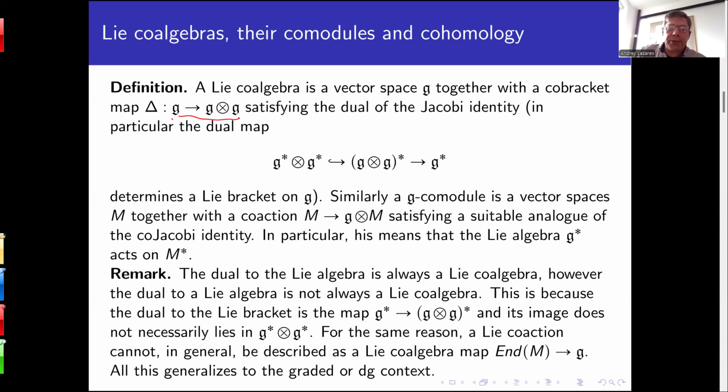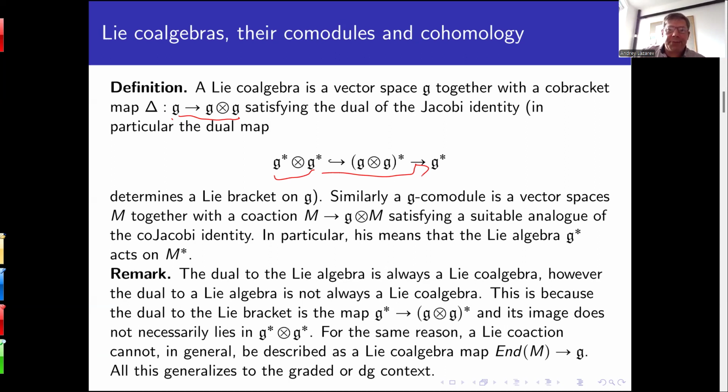So in particular, the dual map, which is the composite map from the tensor product of the linear dual of G into itself, determines the Lie bracket of G. In fact, if G is finite dimensional, then it is a Lie coalgebra if and only if its dual is a Lie algebra.